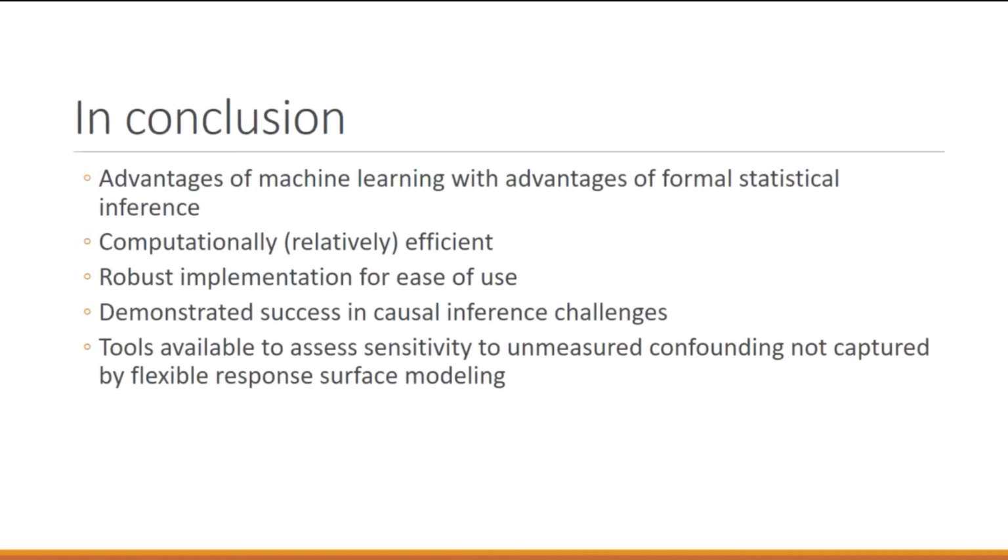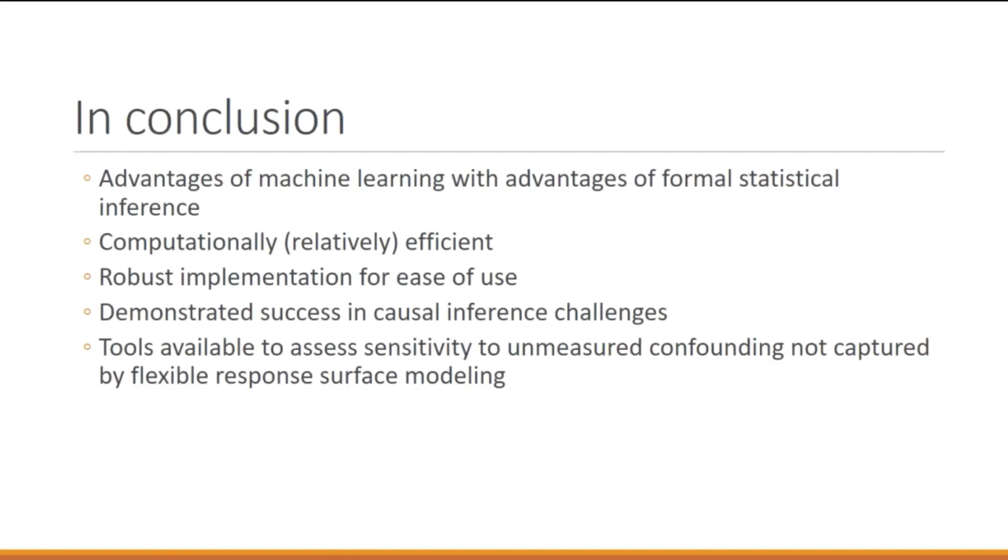It's been implemented robustly in R, at least, with several packages that help make it straightforward to get the answers that you seek when you're looking at a causal inference. It has demonstrated success in causal inference challenges. So I've submitted BART to 3, I think, and it's done very well every time.